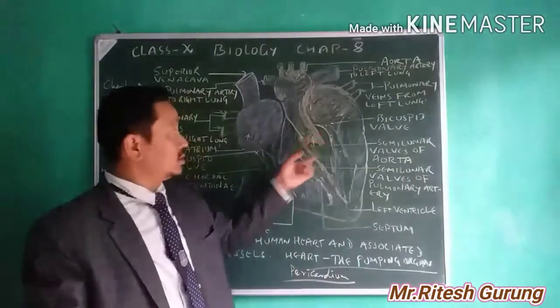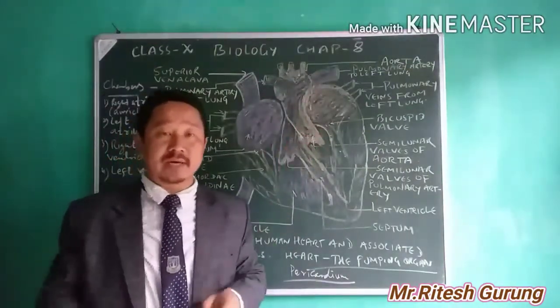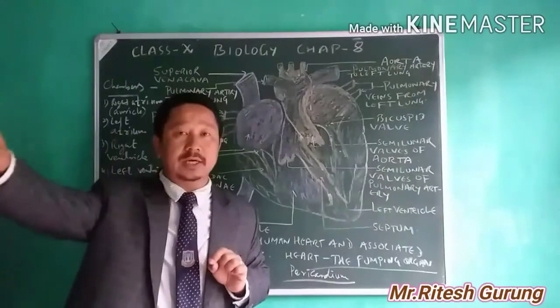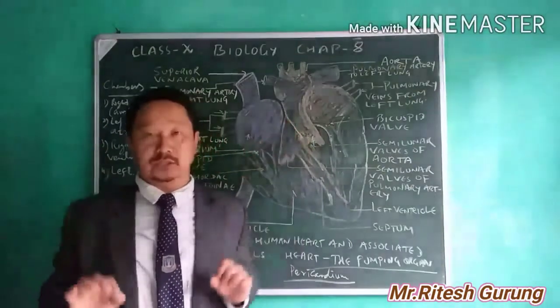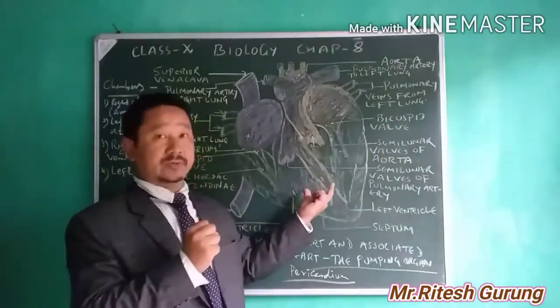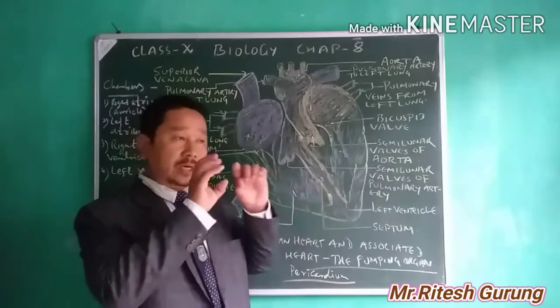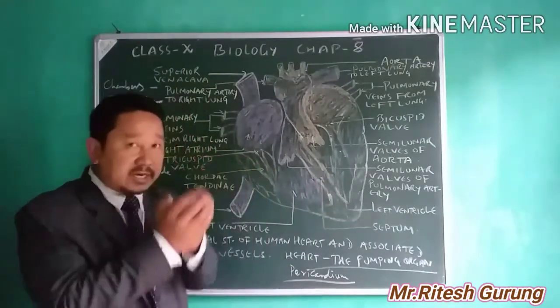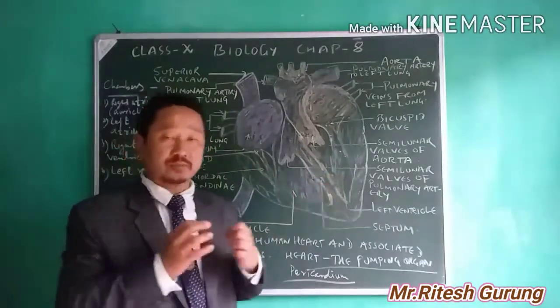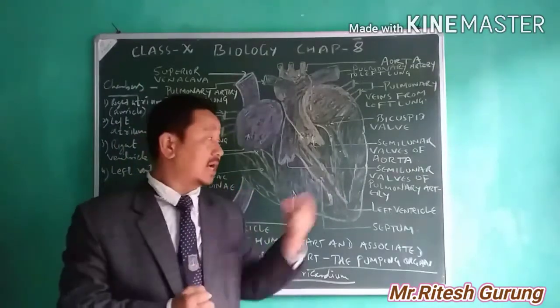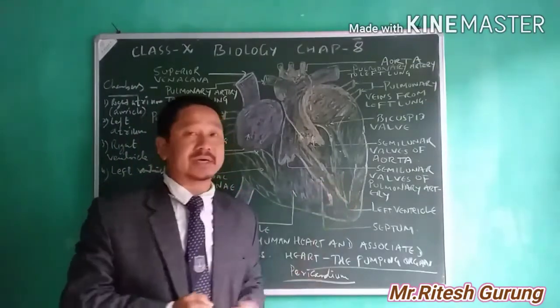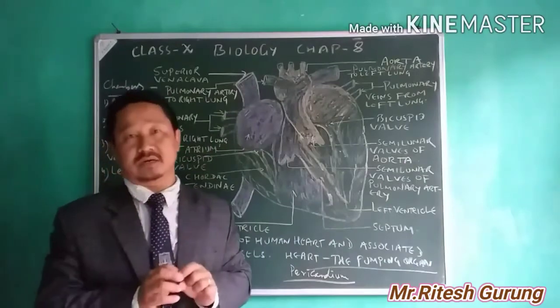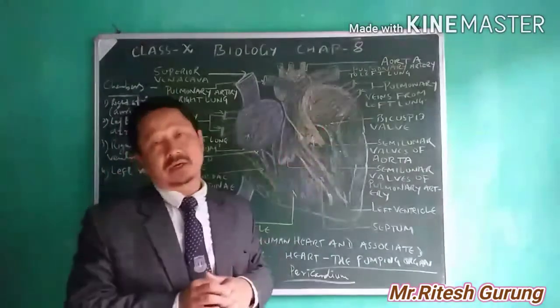Not only this small region it has to cover, but it has to send the blood to the tip of the toes, tip of the fingers also. That's why a heavy force has to be pumped, and in order to bear that force, the wall has to be strong enough, so the wall of the ventricle is much thicker than the wall of the auricles.